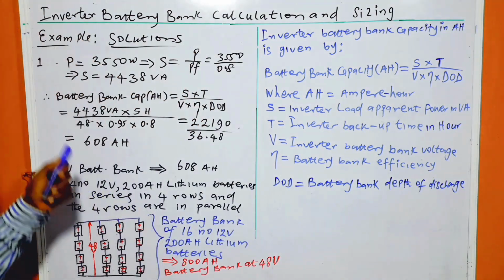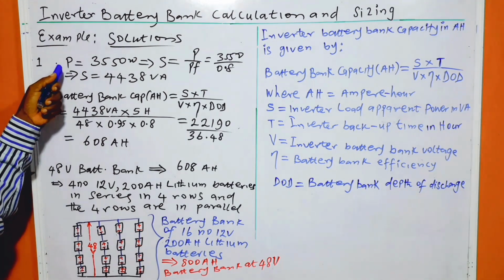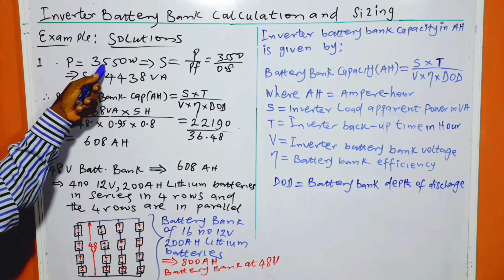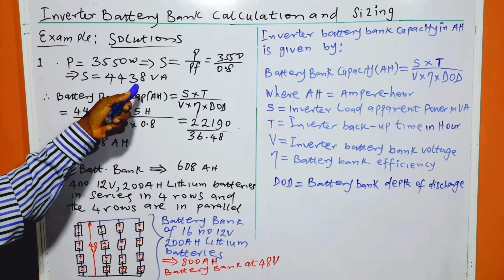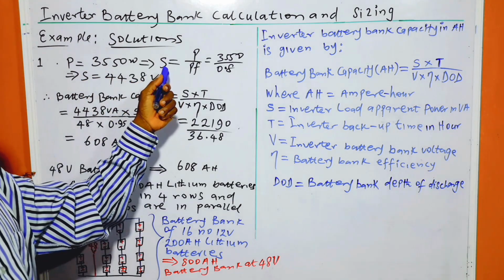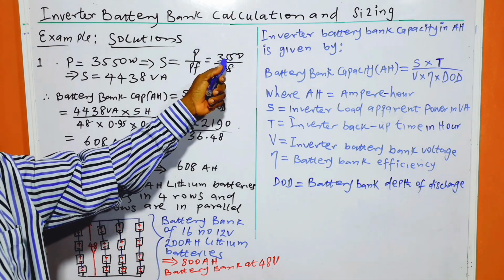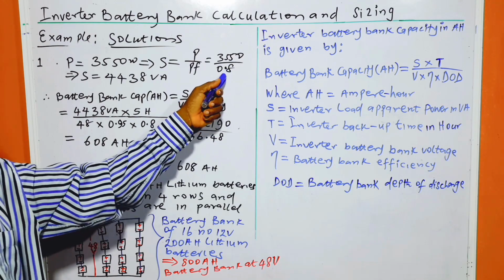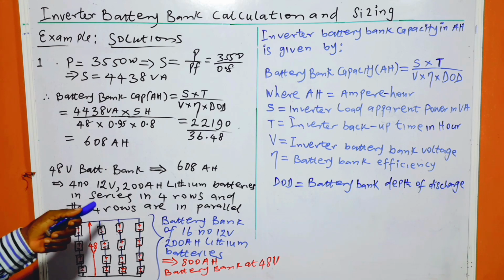Solutions to the problems. The first part, number 1: the active power P given is 3,550 watts, and this gives rise to an apparent power of 3,550 divided by 0.8, where 0.8 is the power factor.